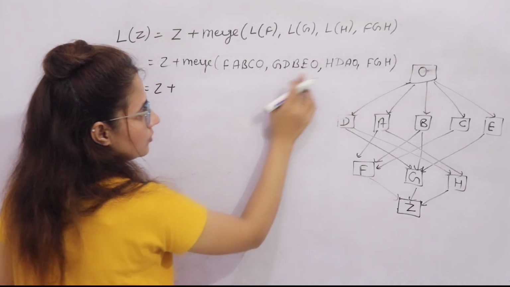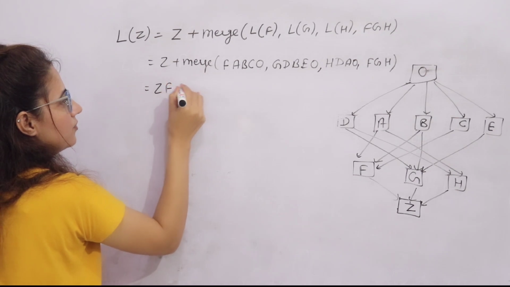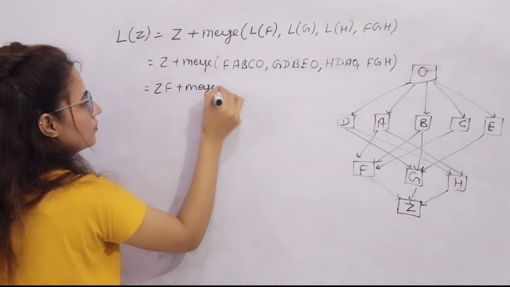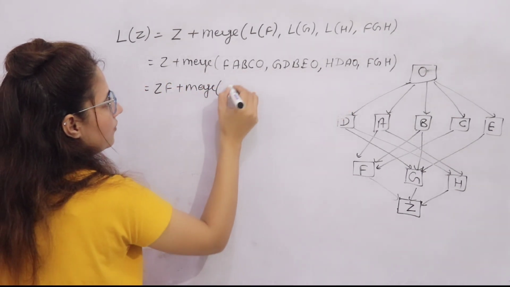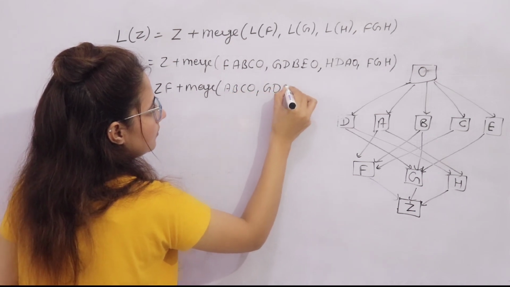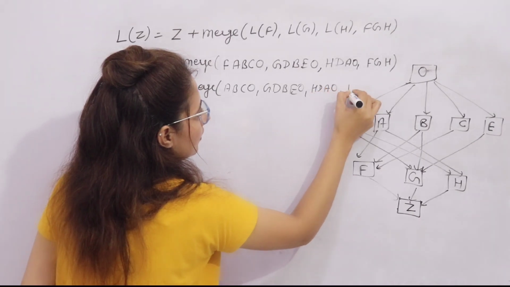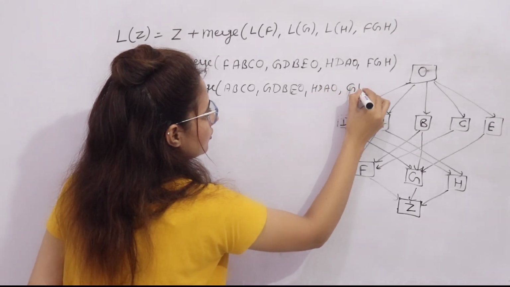For this GH, is it present in the tail of another list? No. So Z F plus, just remove this from everywhere. So F A B C O, then Z G D B E O, H D A O, and remove this F as well as G H.